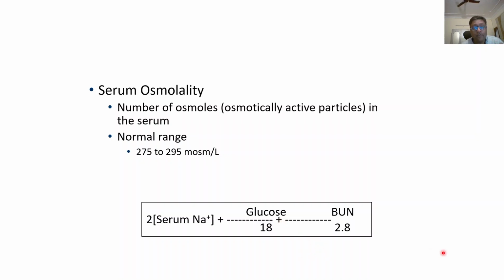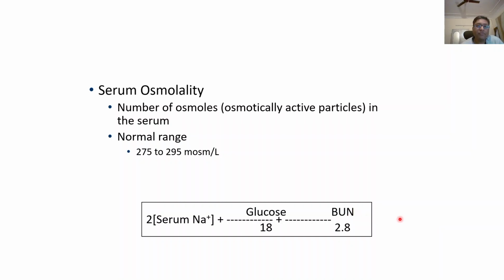It can also drive movement of fluids across membranes, but for that it has to be very high, which happens in cases like diabetes mellitus and DKA. When you have very high glucose levels, the patient gets dehydrated because of fluid coming out.